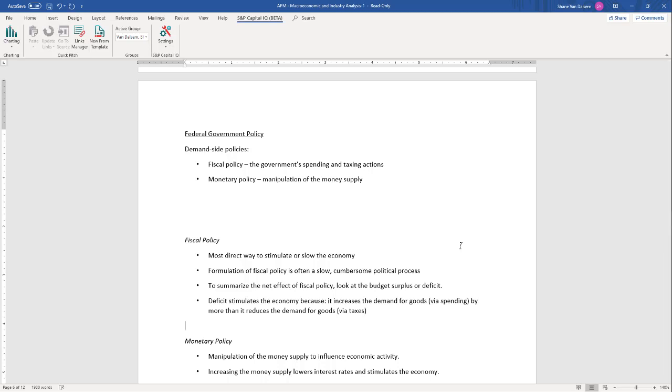So I'll just put a note in here. The current proposal to send checks to households is a fiscal policy. And I've heard different number amounts, $1,000 per household, $1,000 per adult in a household.